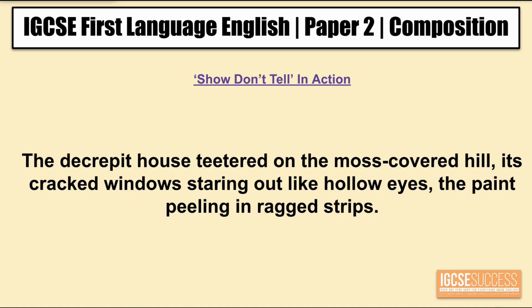That verb teetered adds an element of instability, as though the house is on the verge of collapse, I guess. And this further emphasizes its fragility. Now, the moss-covered hill paints a picture of the house being old and forgotten, as moss, I think, typically grows on things that have been left undisturbed for a long time. So again, this creates a sense of abandonment.